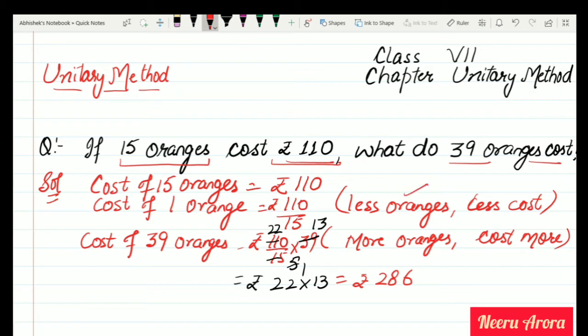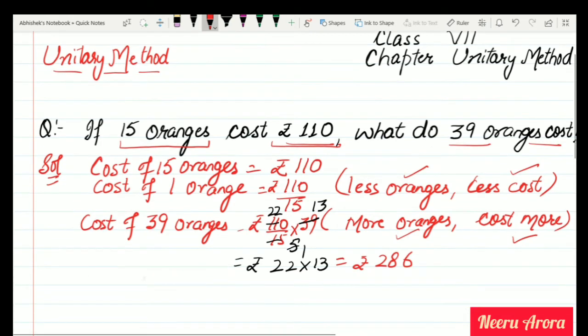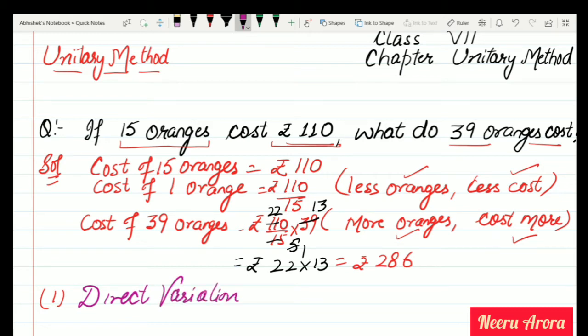See, less oranges, less cost. More oranges, more cost. In solving problems on unitary method, we come across two types of variations. First is direct variation and second is inverse variation. What is direct variation?